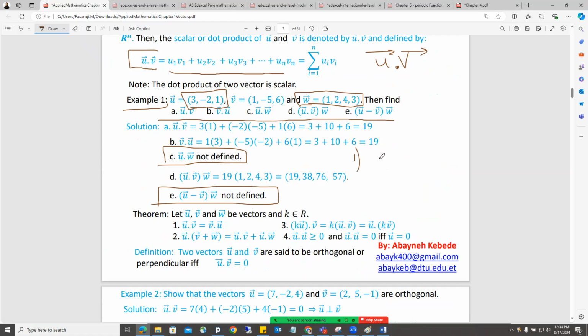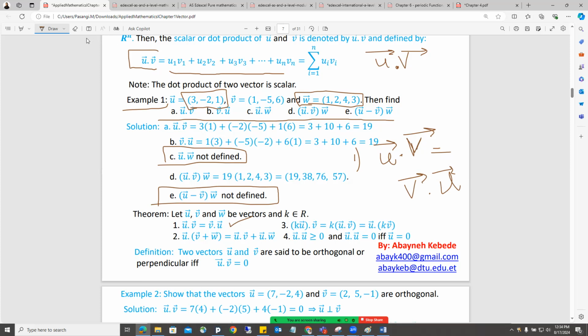The first one is the dot product of u and v is equal to the dot product of v and u. See, u dot v is equal to v dot u. Is it clear? Yes. That is the first identity.